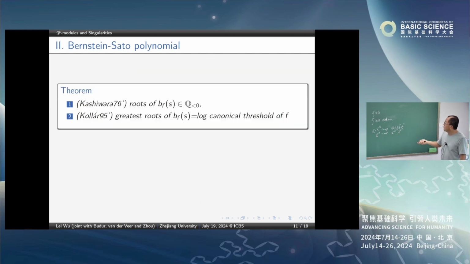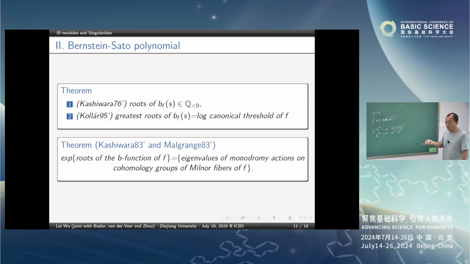So this great theorem tells us how, though it's very complicated, we can let the computer calculate the roots, the eigenvalues of monodromy actions, to test the singularities of a hypersurface.